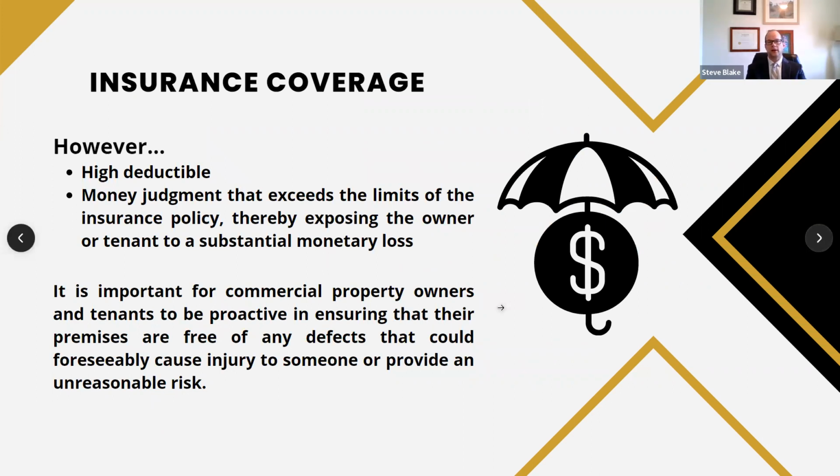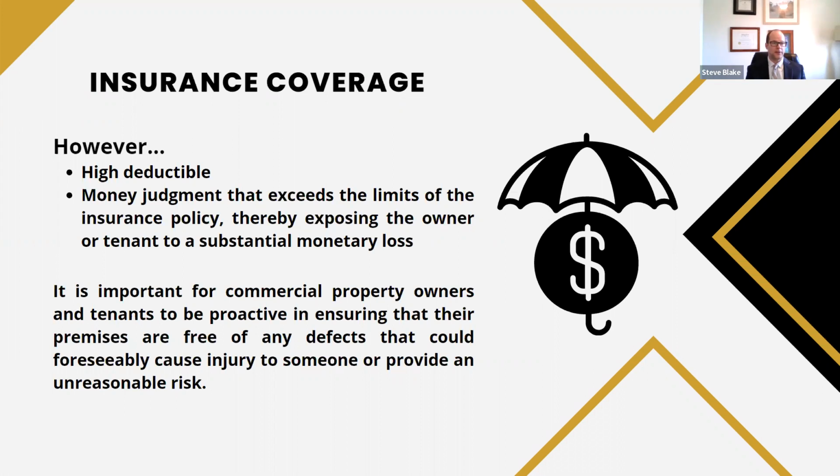In the event a landowner is sued for premises liability, oftentimes these types of claims will be covered by an insurance policy for the property that the owner has. However, those policies typically have a high deductible that could be $50,000.